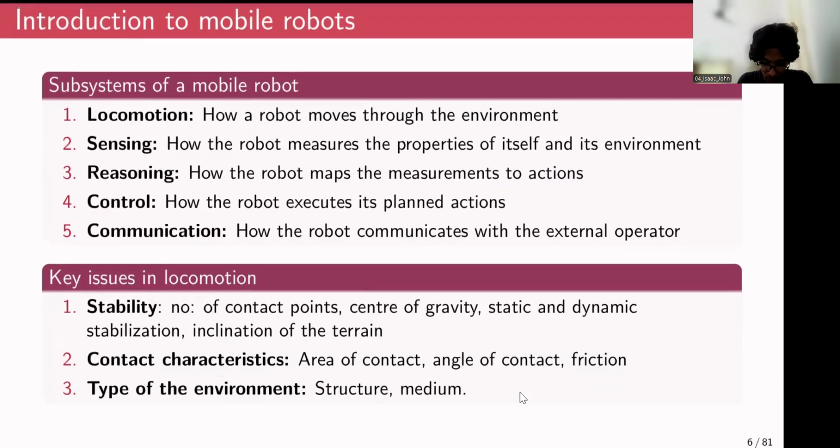And the key issue that we have to address in locomotion is the stability of the entire system, right? And that basically depends on the number of contact points, center of gravity, static and dynamic stabilization, inclination of terrain. As far as we are concerned, the stability of a wheeled mobile robot is pretty much not really a concern, right?